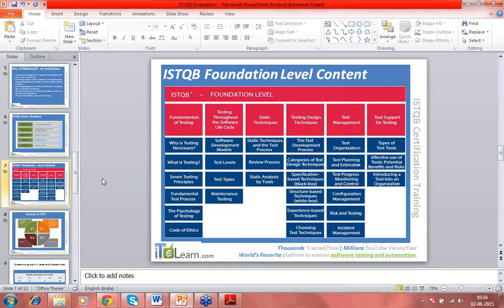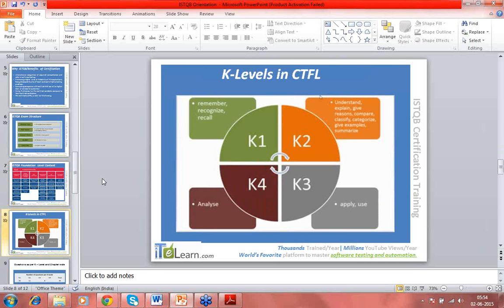How the exam is structured is that they have categorized the questions from these 6 chapters into 4 different cognitive levels. They are called K levels, or cognitive levels: K1, K2, K3, K4. In K1, for all the things you need to remember, you remember them as they are.